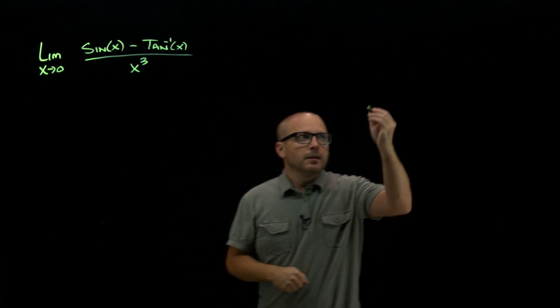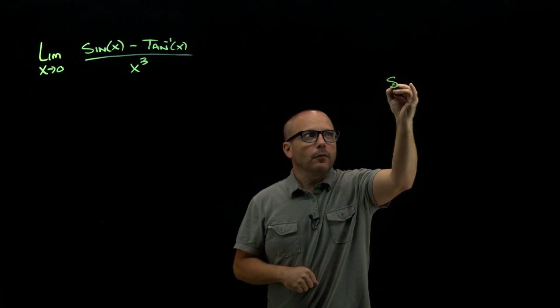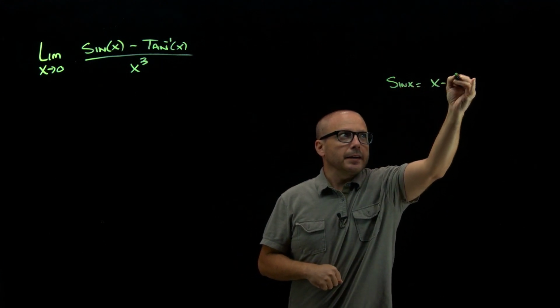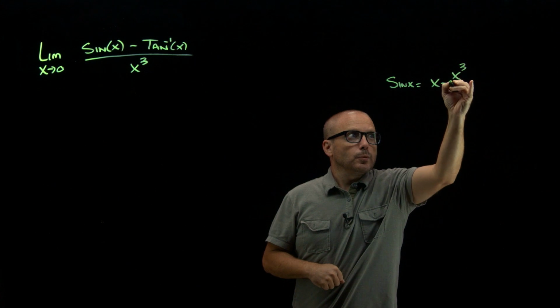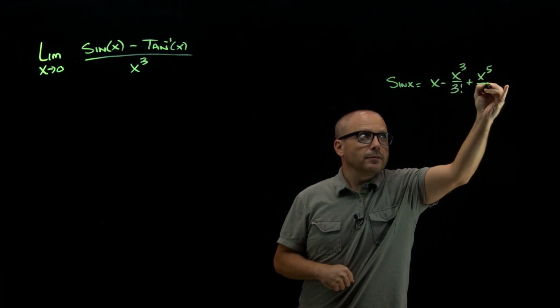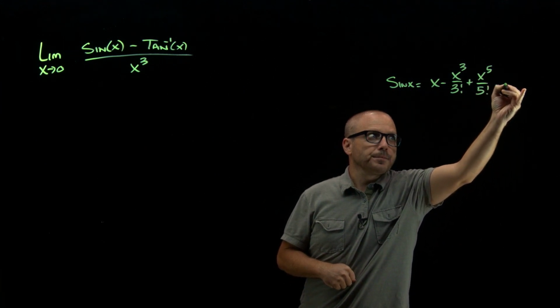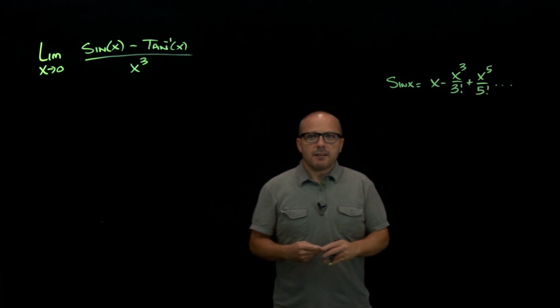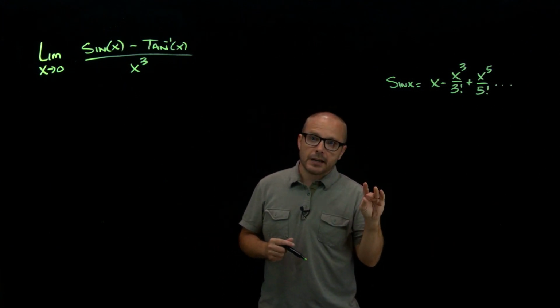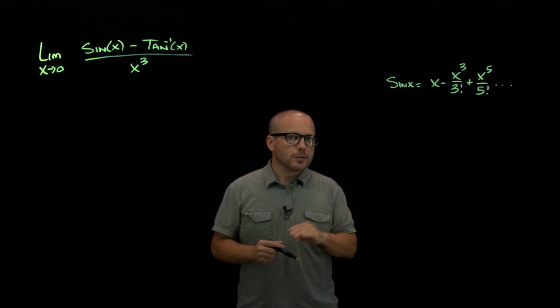First of all, we already proved sine x equals x minus x cubed over 3 factorial plus x to the 5th over 5 factorial and so on. And I've mentioned a couple of times that the big three we'll be using are e to the x, sine x, and cosine x. You should know those series.